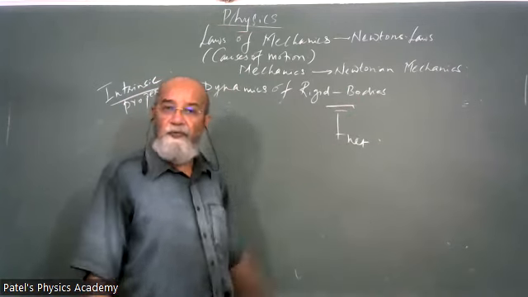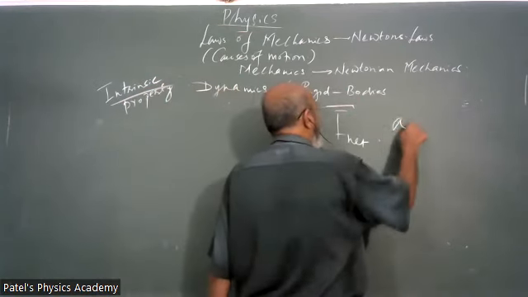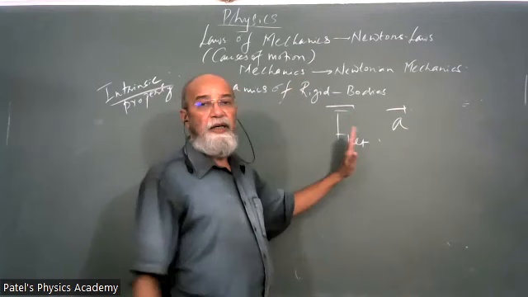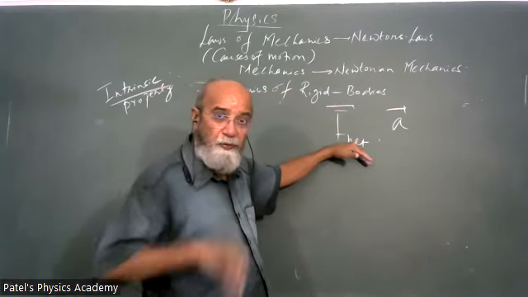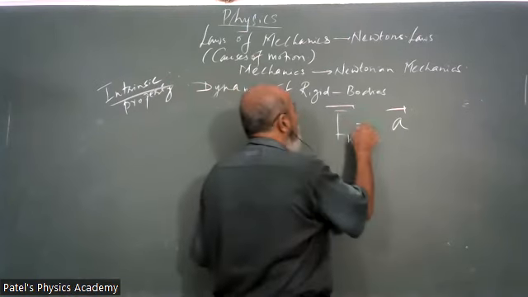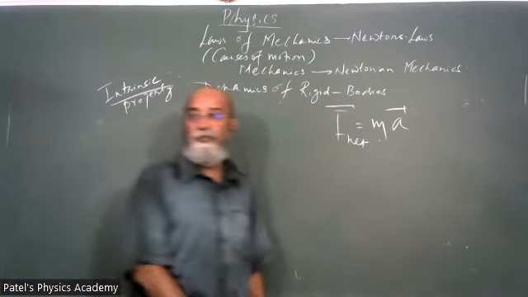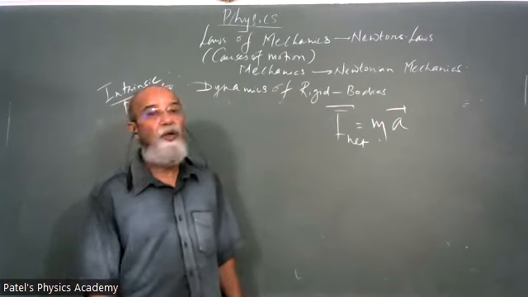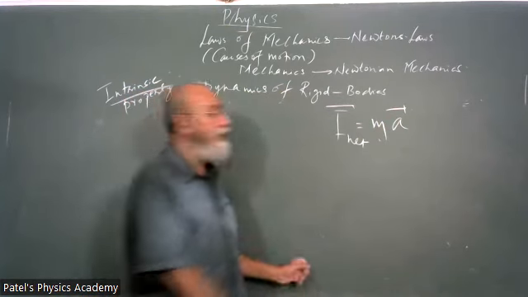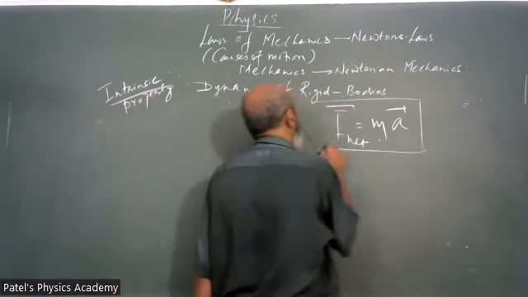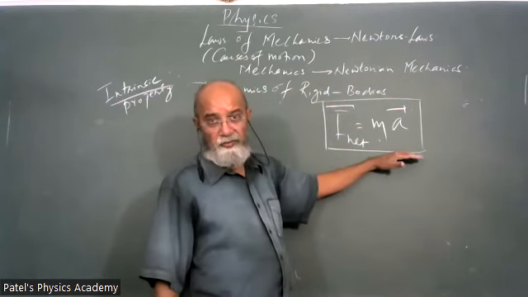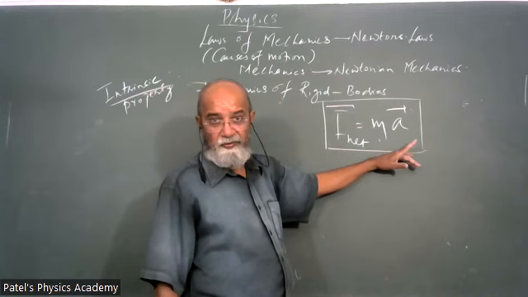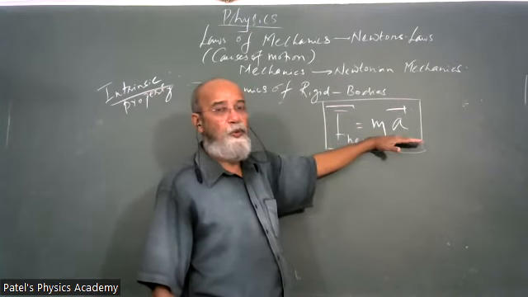That if there is a net force, then there will be an acceleration, and I can connect motion to the pushes and pulls, force, by just doing this. Okay? Good. Then this became the Newton's law of motion. This became the Newton's law of motion.